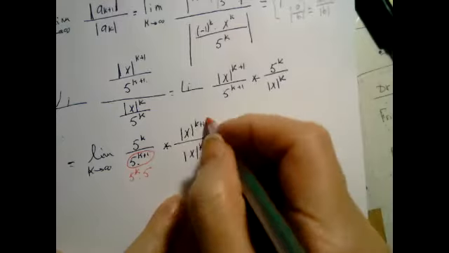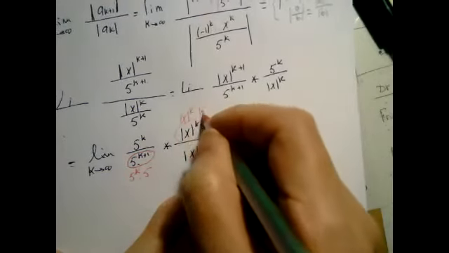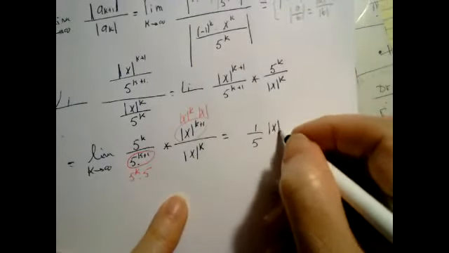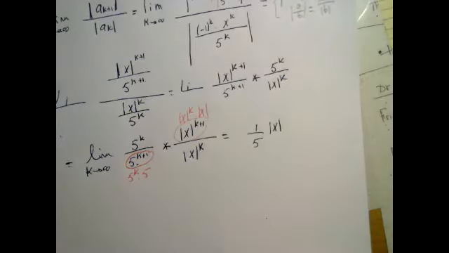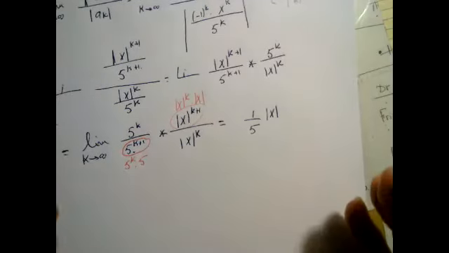And here it is the same, because this term could be split into the absolute value of x^k times the absolute value of x. So this leaves me with the absolute value of x. The limit disappeared because this has been totally simplified. And so that's the ratio.